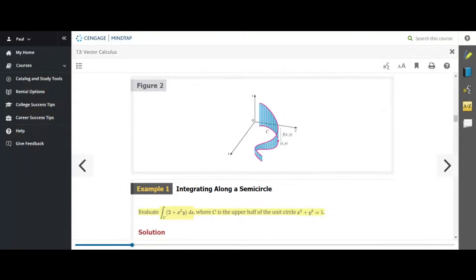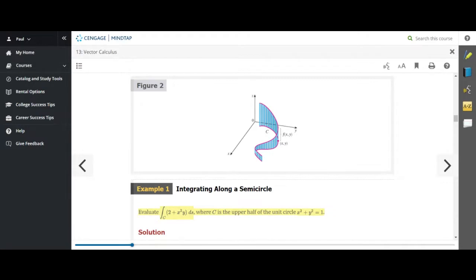It's that area where you have points on a curve C in the XY plane. You're evaluating each of those points on that curve C. You're taking the function value of each of those points, and that gives you the heights, those little heights there.